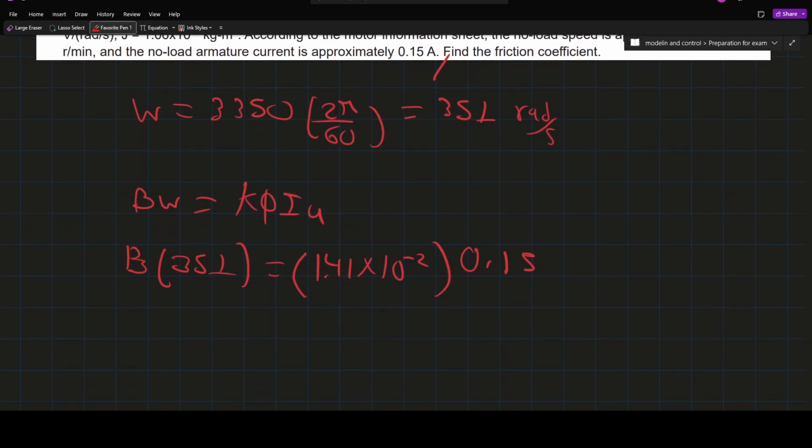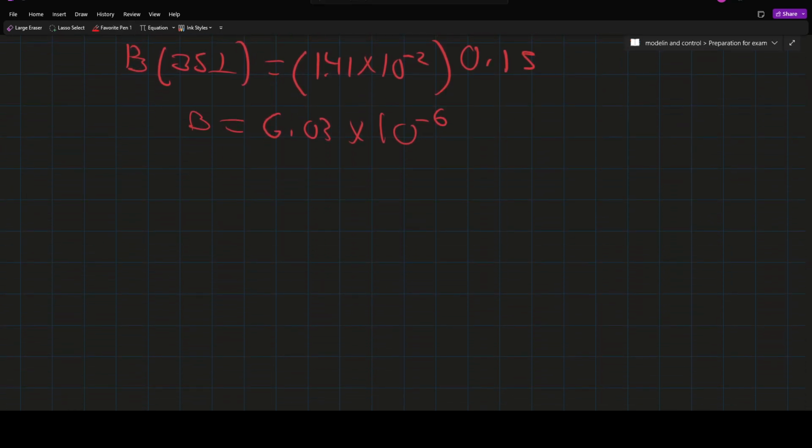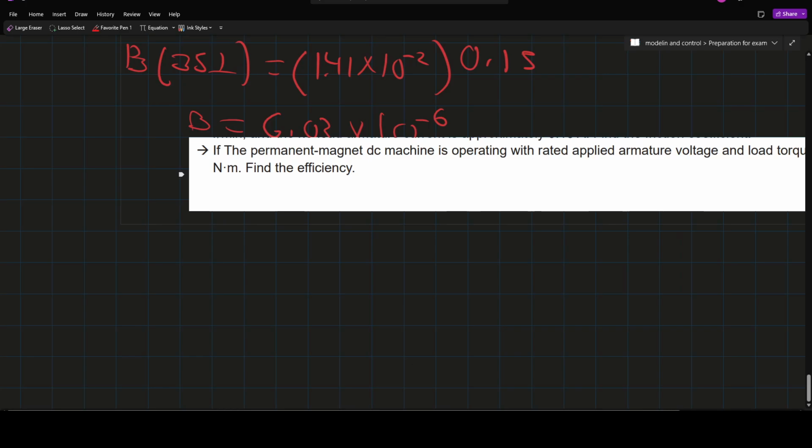And so we can calculate our B to be 6.03 times 10 to the minus 6. This is newton meters over radians per second.